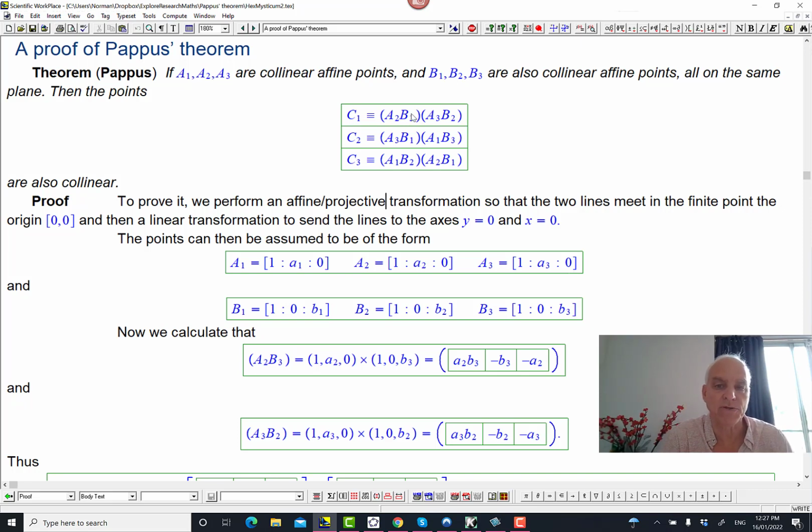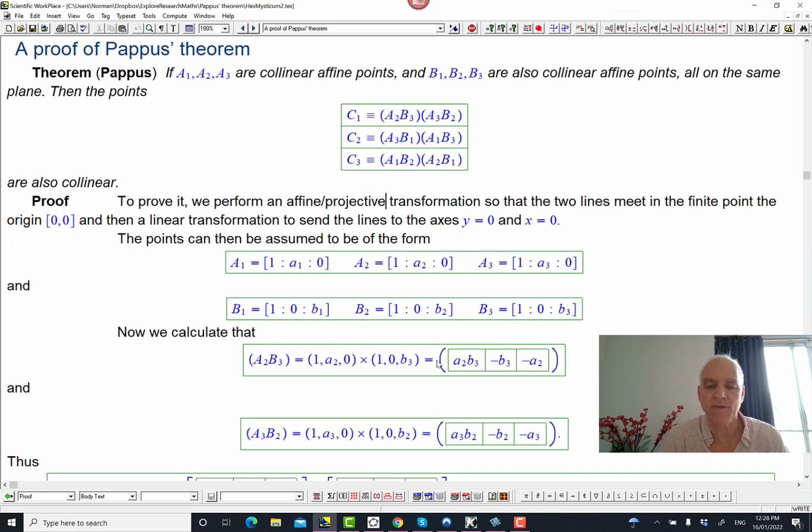We're just going to compute these joins of points and then these meets of lines, and we're going to get a formula for C1, and then correspondingly one for C2 and C3, and then we're going to use our formula for when 3 points are collinear. So for A2, B3, this first line, we're essentially taking the cross product of these vectors, (1, A2, 0) cross (1, 0, B3).